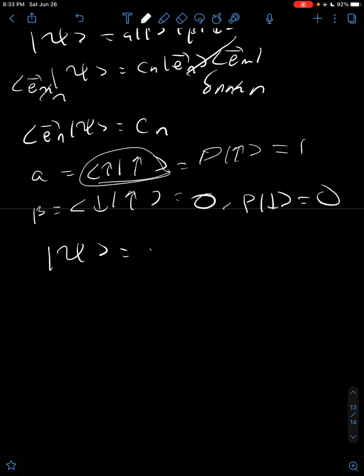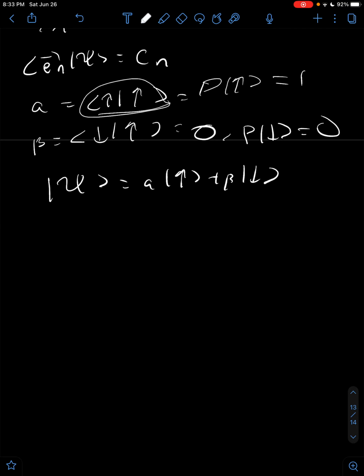Since the spinor is just alpha up state plus beta down state, if alpha is 1 and beta is 0, and the spinor state is just the up state, that means the up state equals alpha up plus beta down, which means that alpha must be 1 and beta must be 0, which means that it must be in the up state when measured.